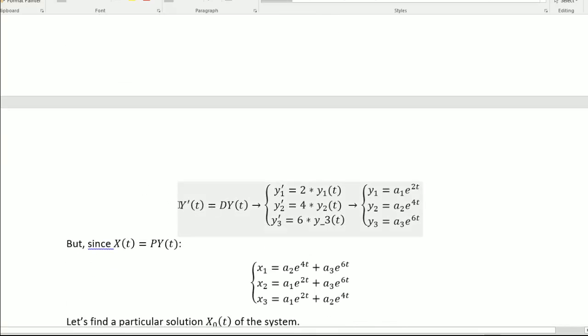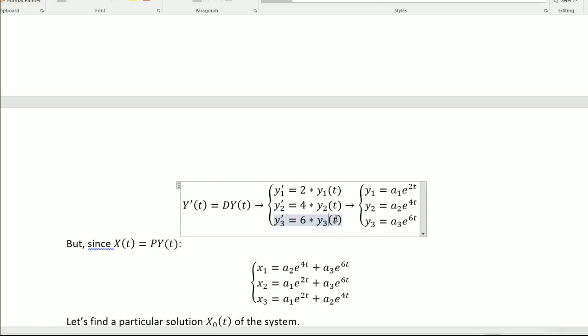So we know that y prime is equal to Dy. So we get that result by just calculating. It's just like the eigenvalues. But now we integrate because we can.